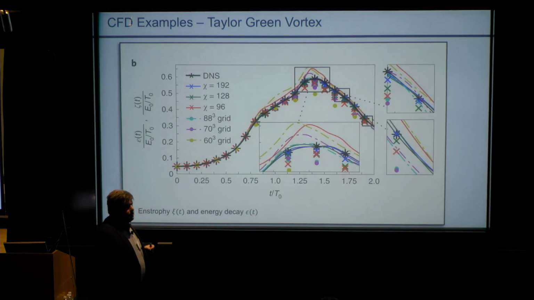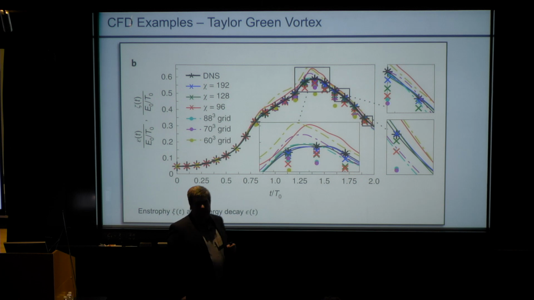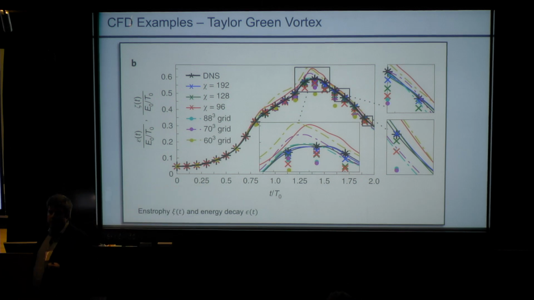Now I come back to this point that I made at the very beginning on the entropy. The entropy in these calculations must be equal to the loss of energy in this system, so the amount of dissipated energy. We've measured that, and what we see here is that this works pretty well.